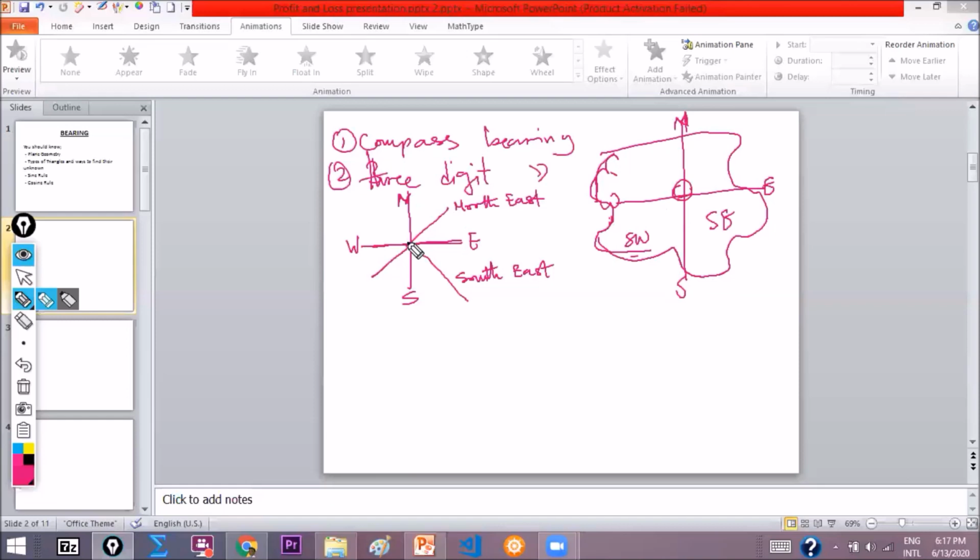Here from this part of the cardinal points, this is your northwest, and this is your west. For your compass bearing, you can only move from 0 to 90 degrees, and you can only move from either your north or from the south.